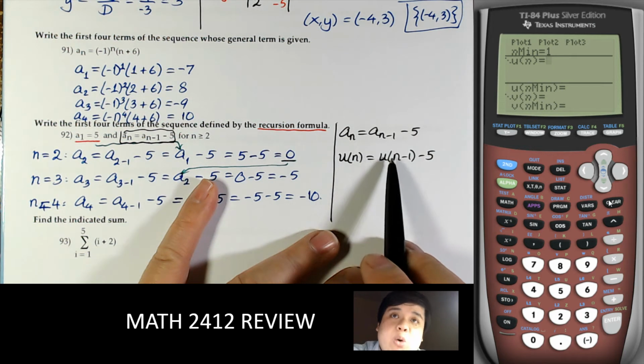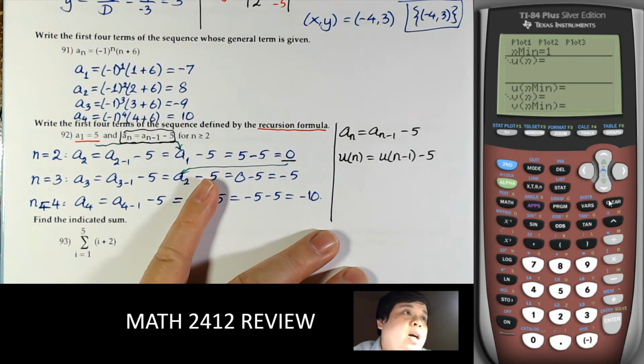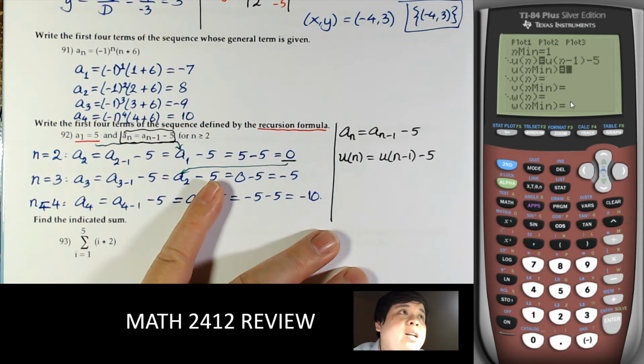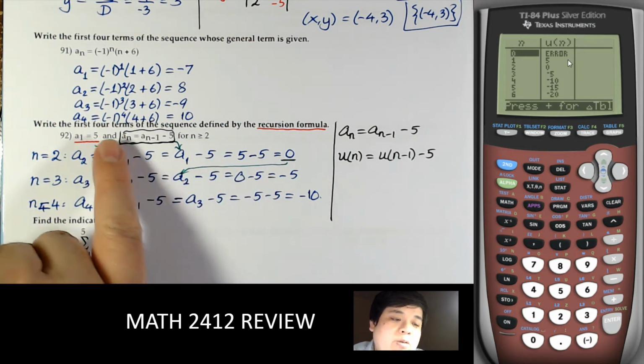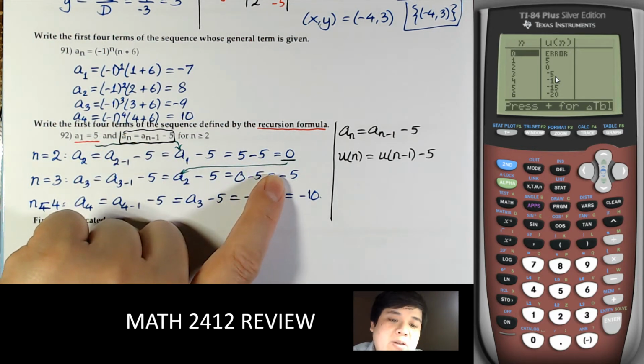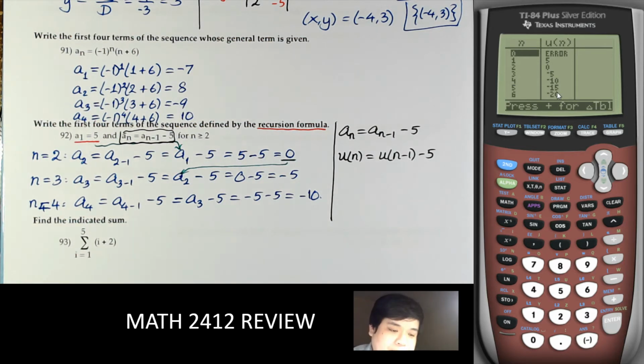The u is above the 7, so we hit second 7, of n minus 1, minus 5, right? And then the first term we know is 5. So recursion is going to be like that. And second table, we have the values 5, 0, -5, and -10, and so on.